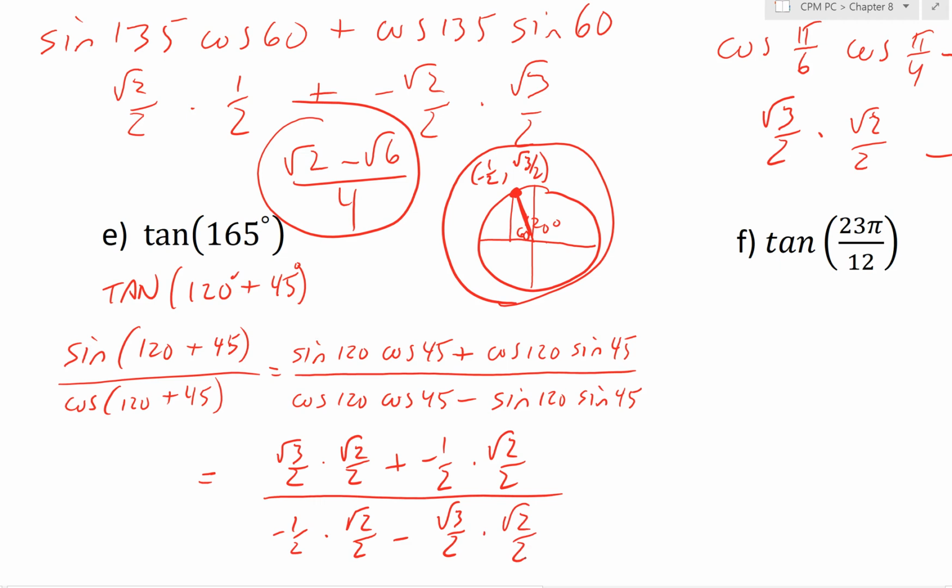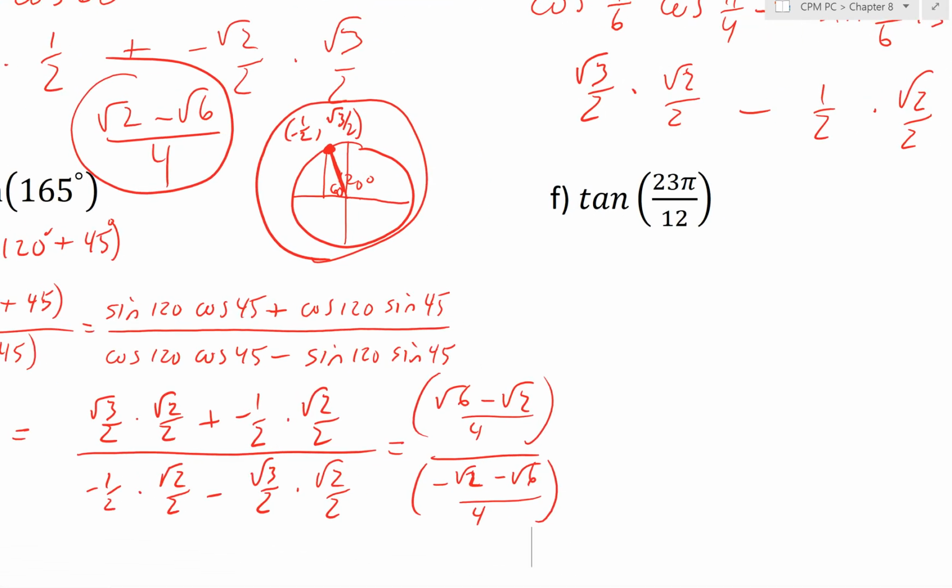Okay? And now up on top we have root 6 minus root 2 over 4. And in the bottom we have negative root 2 minus root 6 over 4. If we flip the denominator and multiply, the 4's will cancel.